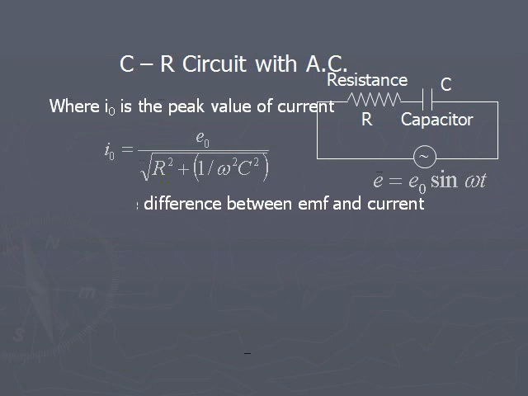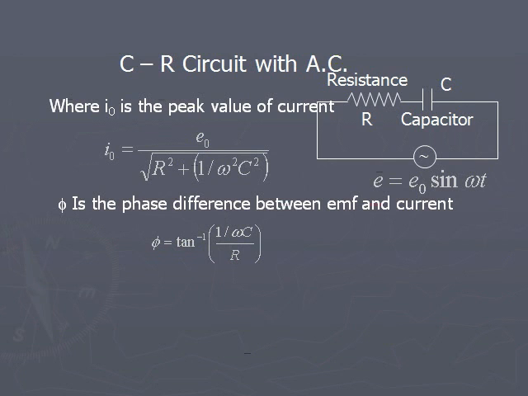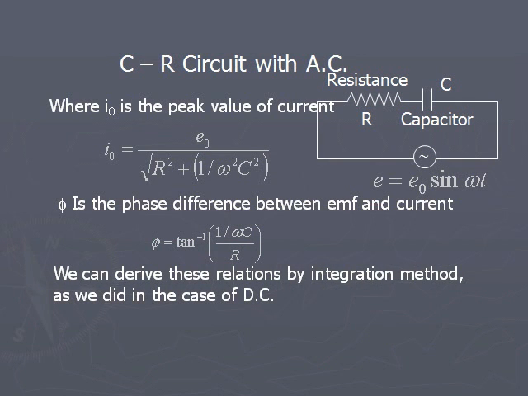Phi is the phase difference between EMF and current, given by phi = tan inverse of (1 by omega C) divided by R. We can derive these relations by using integration methods, as we did in the case of DC. But they are left for higher education, and for the present we are supposed to learn only these relations.